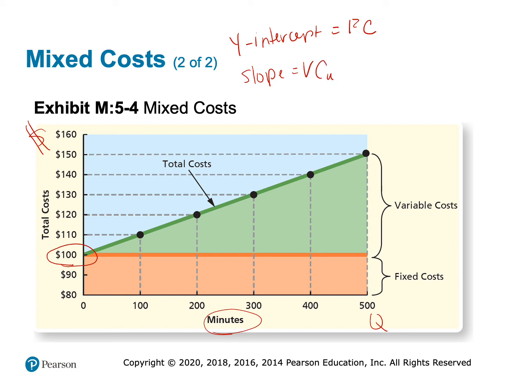Now, one of the things that I want to point out is this is your line. This is not really a line in this. It's just drawn there for illustrative purposes, because if we look at our possible activity, there's no way that total cost can ever be less than $100, because even if we made 0 units, we'd have to pay that $100 flat fee.